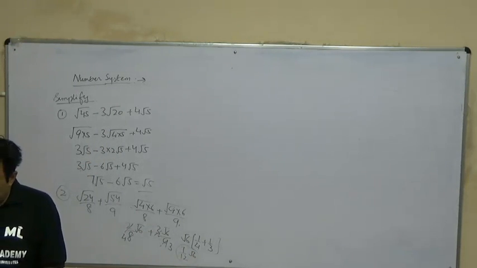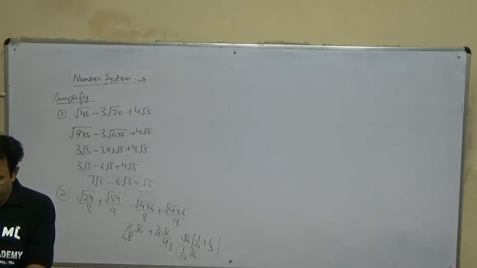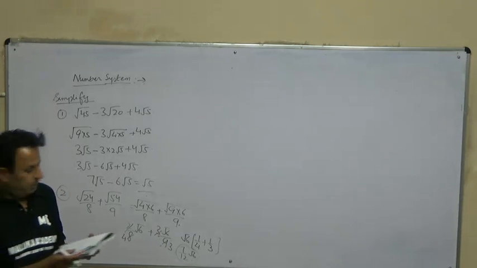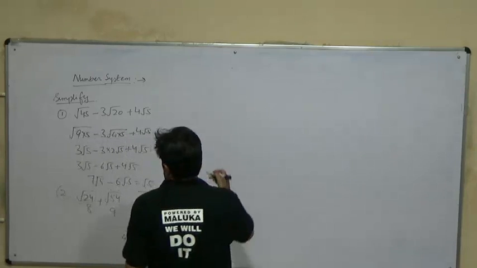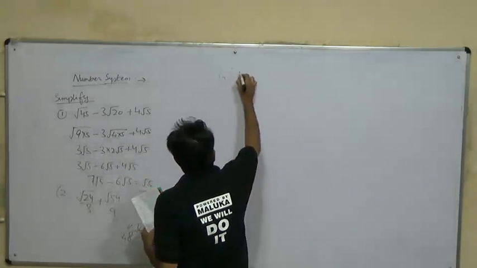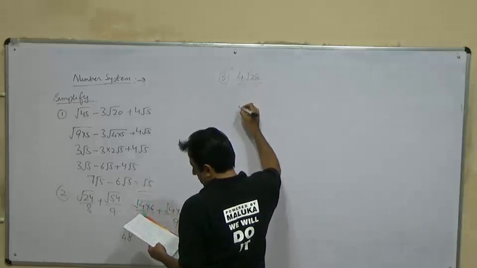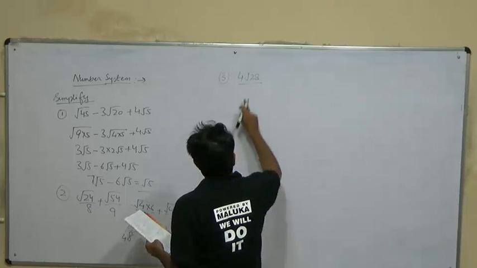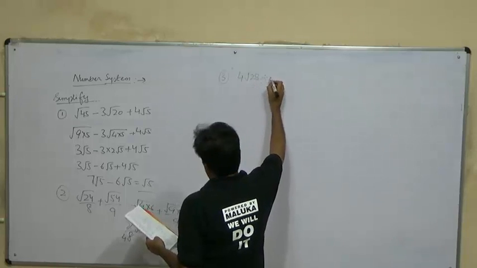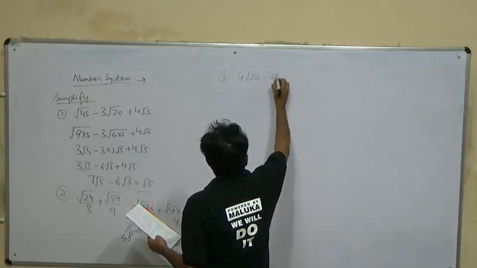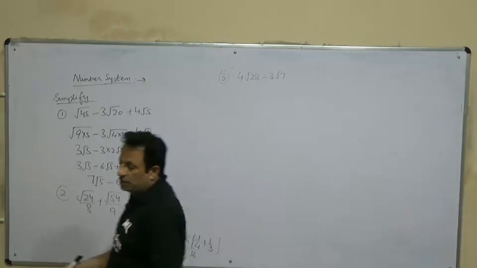The next, third, is 4√28 divided by 3√7. So very simple question.